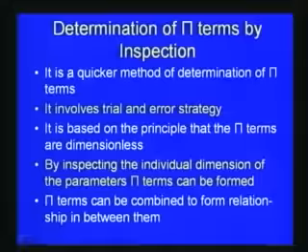Here it is a quicker method of determination of pi terms by inspection. It involves a trial and error strategy. It is based on the principle that the pi terms are dimensionless, and by inspecting the individual dimensions of the parameters, pi terms can be formed, and pi terms can be combined to form relationships between them.